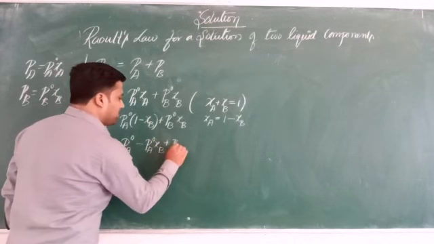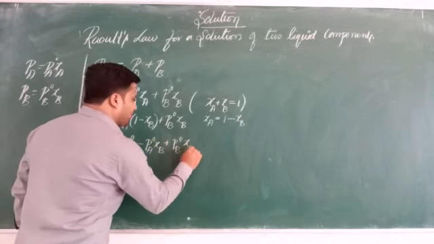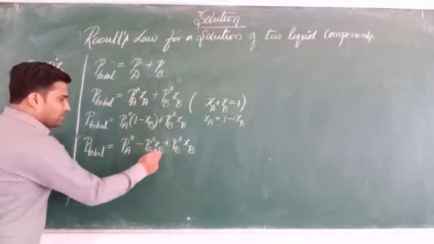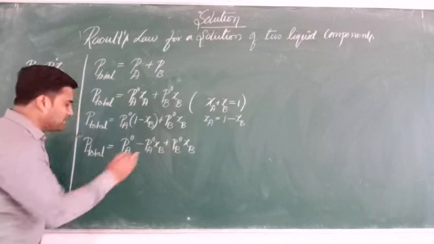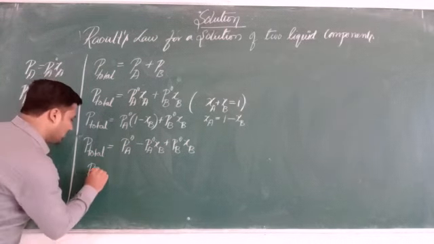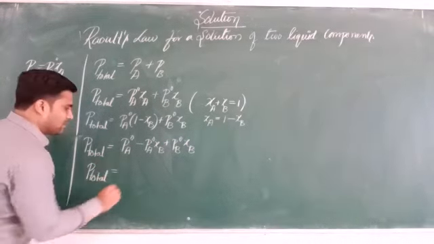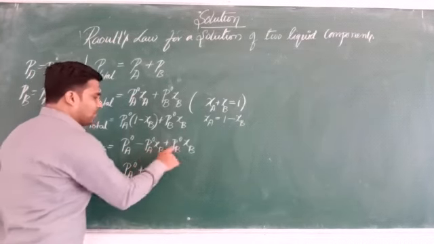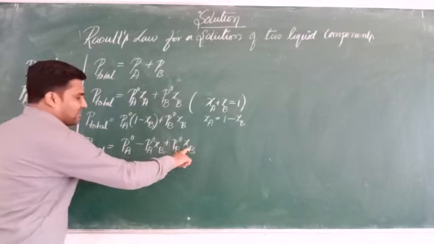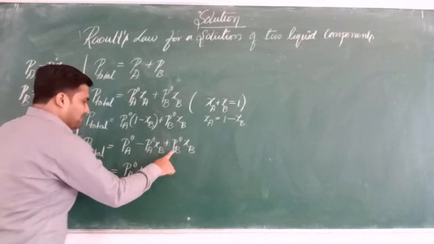plus PB0 into XB. Okay, ಸೊ ಇವೆರಡರಲ್ಲಿ ಮೋಲ್ ಫ್ರಾಕ್ಷನ್ ಆಫ್ ಕಾಂಪೊನೆಂಟ್ ಬಿ ಕಾಮನ್ ಇದೆ, ಹೊರಗೆ ತಗೊಳ್ತಾ ಇದ್ದೀನಿ. ದಟ್ ಈಸ್ ಪಿ ಟೋಟಲ್ ಇಸ್ ಈಕ್ವಲ್ ಟು ಪಿ ಎ ನಾಟ್ ಪ್ಲಸ್, ಸೊ ಇವೆರಡರಲ್ಲಿ ಕಾಮನ್ ಮೋಲ್ ಫ್ರಾಕ್ಷನ್ ಆಫ್ ಕಾಂಪೊನೆಂಟ್ ಬಿ ಹೊರಗೆ ತಗೊಳ್ತಾ ಇದ್ದೀನಿ. ಸೊ ಫಸ್ಟ್ ಇದು ಬರ್ಕೊಳ್ತಾ ಇದ್ದೀನಿ.